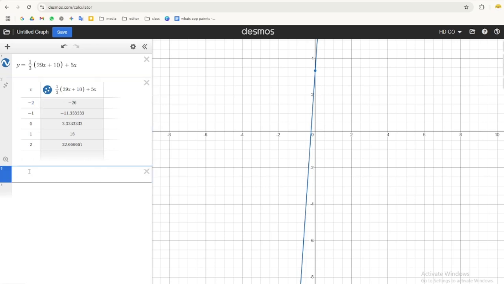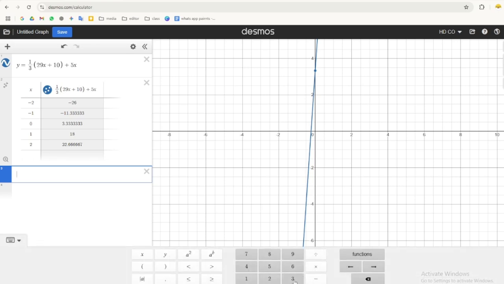Here we will write 32 point, minus 18. We will make a bracket, it's better to make a bracket, over 2 minus 1. We get this, the slope.